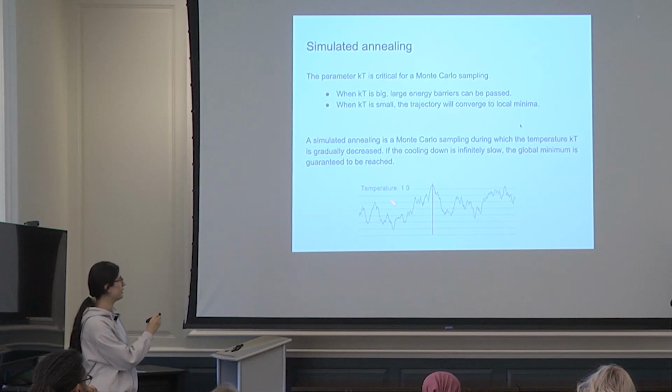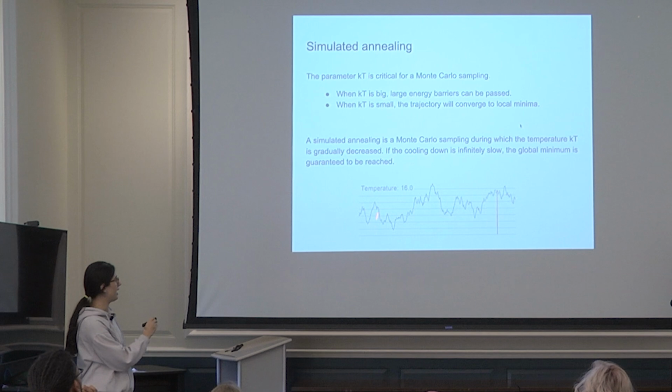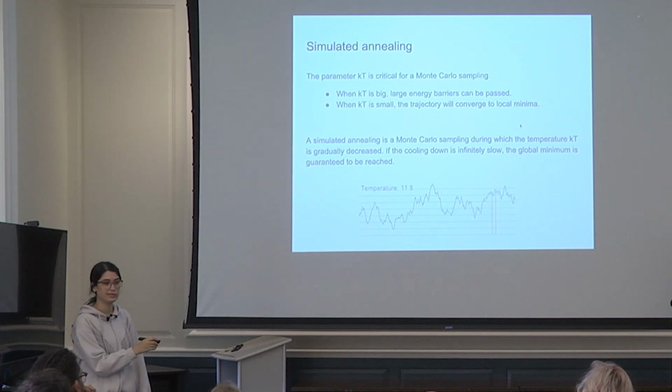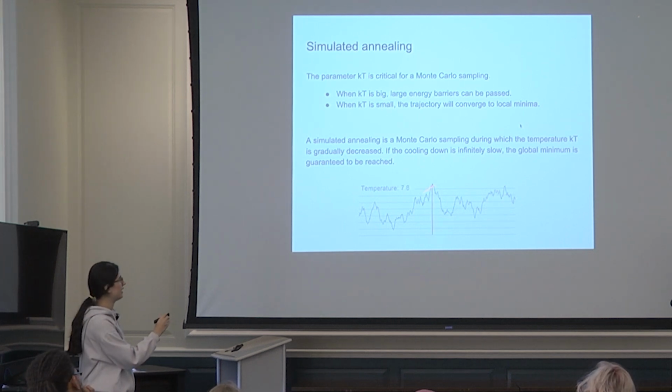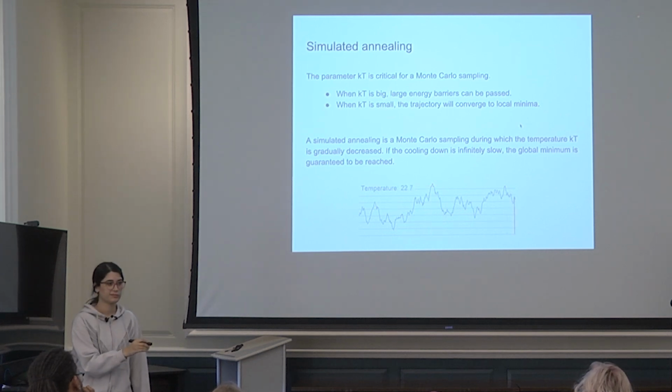And if you pay attention to what happens on this side, in the very beginning, you're able to find this local maxima as well, but towards the very end, it doesn't move all that much. And at the very end, you're just sampling through these minor peaks.